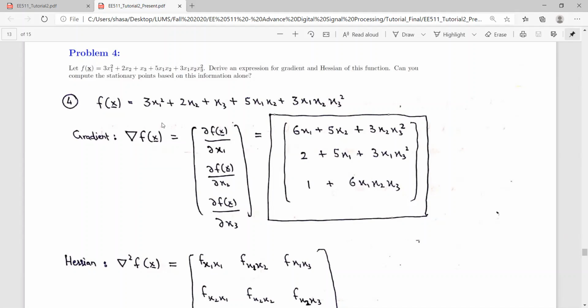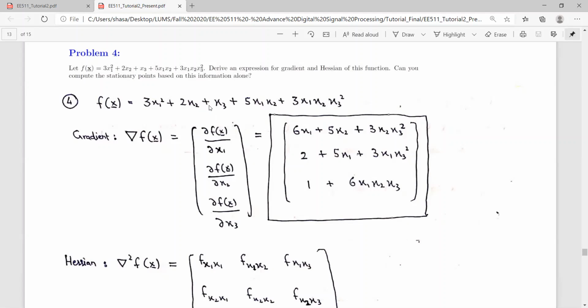So what is a gradient? Since x is an element of R3, we can open it up. So this is equivalent to this expression where we take the partial derivative with respect to x1, then the partial derivative with respect to x2, and the partial derivative with respect to x3. How do we take the partial derivative with respect to x1? All other variables, x2 and x3, are treated as constants.